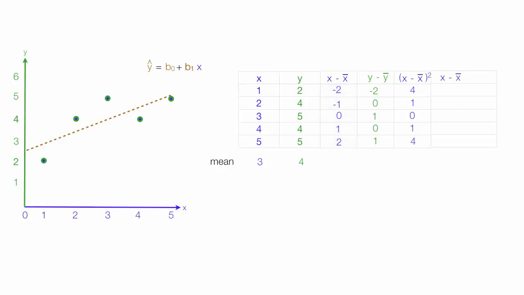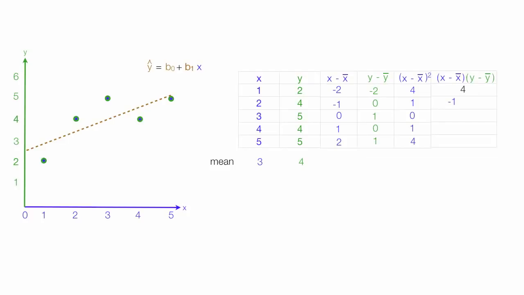Now I take it and I make another column, and it's the x minus the mean and y minus the mean columns. We're going to take this column times this column, which is the first row is negative 2 times negative 2, which is 4.